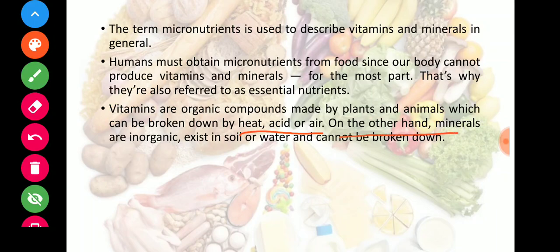On the other hand, minerals are inorganic, exist in soil or water and cannot be broken down. It is very important to know that minerals available in food are not broken down later on. So a one word question may be asked: write down the ingredients of the diet which cannot be broken down.